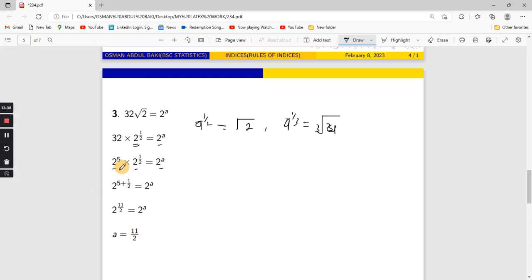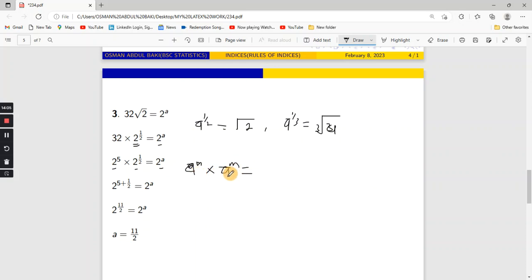So here, remember, when you are multiplying indices and the bases are the same, you add the exponents. I hope you remember this property where we have a raised to the power n times a raised to the power m.